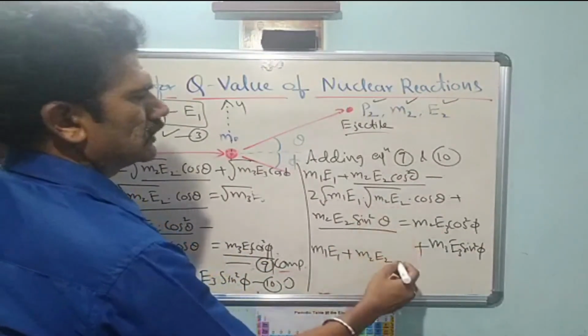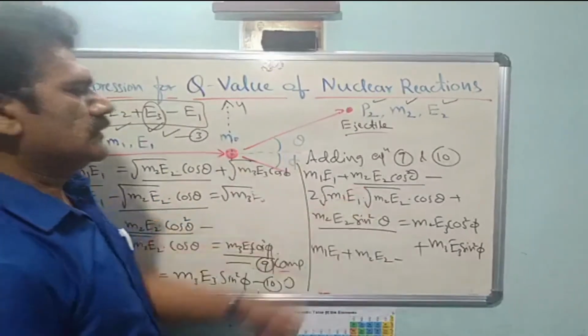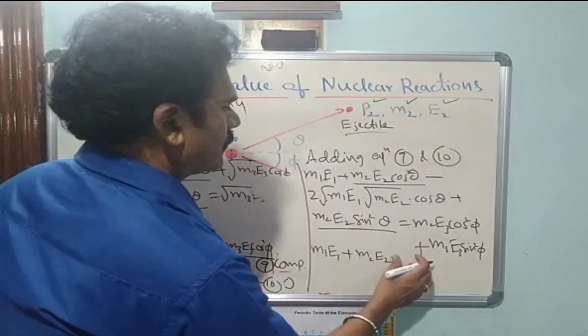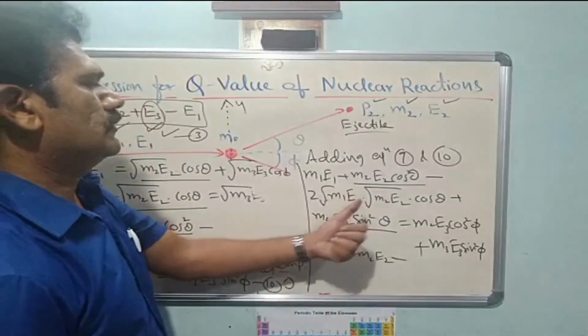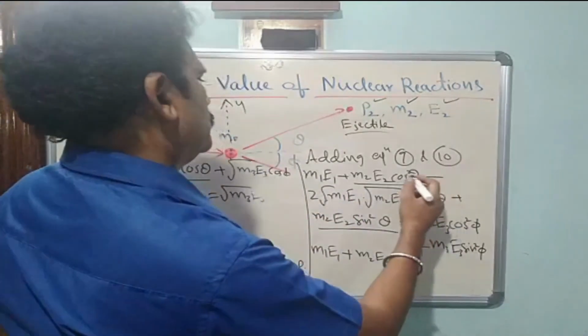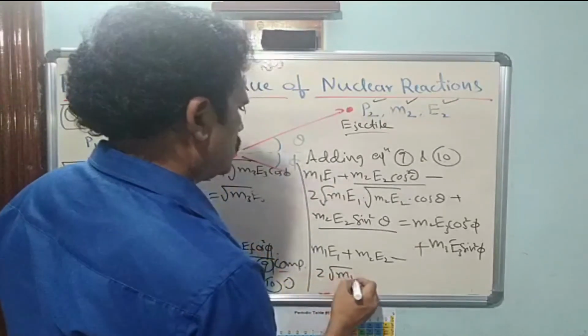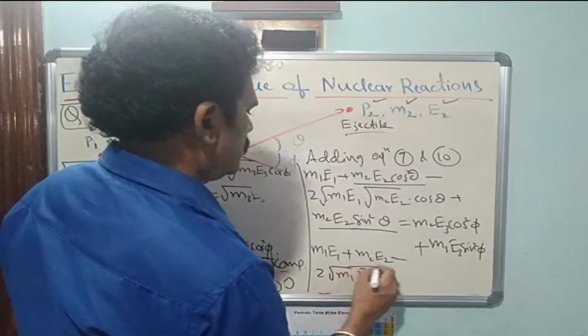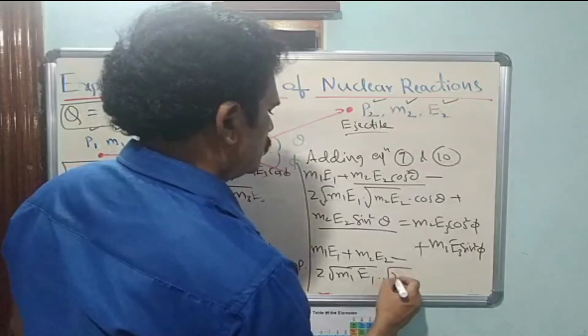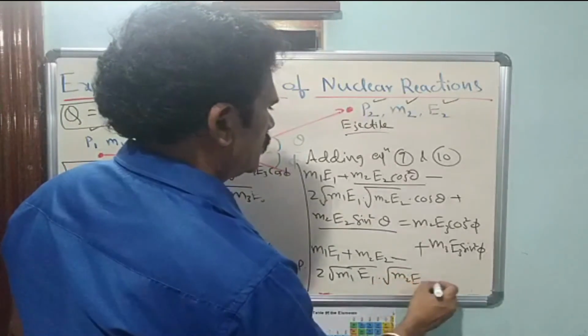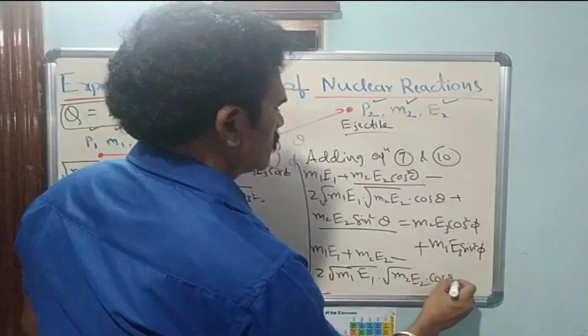Then we are left with minus 2 square root of m1 e1 into square root of m2 e2 into cos theta.